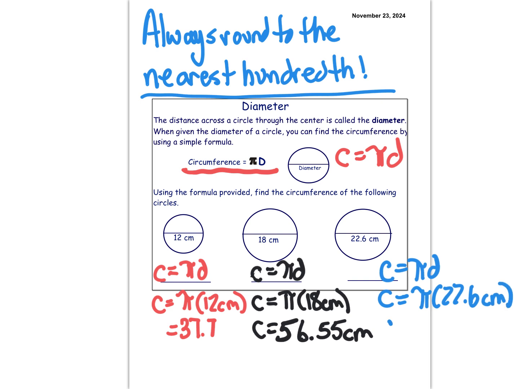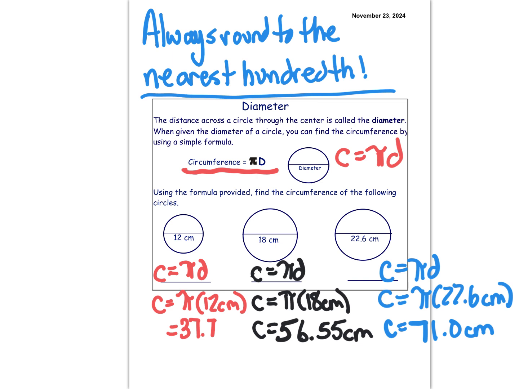I should say it the way I taught you. And that will give us, actually when rounded, 71 even, 71.0 centimeters.